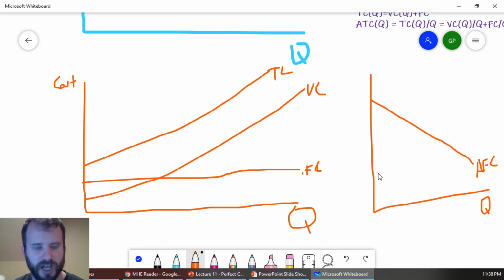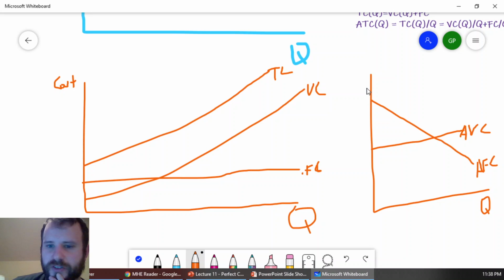Variable cost depends on the function. Let's say variable costs are stagnant like this, just for the sake of it. So your average total cost is going to be decreasing, right? Sorry, this is the average variable cost, I should say. So your average total cost will be this plus this divided by quantity.